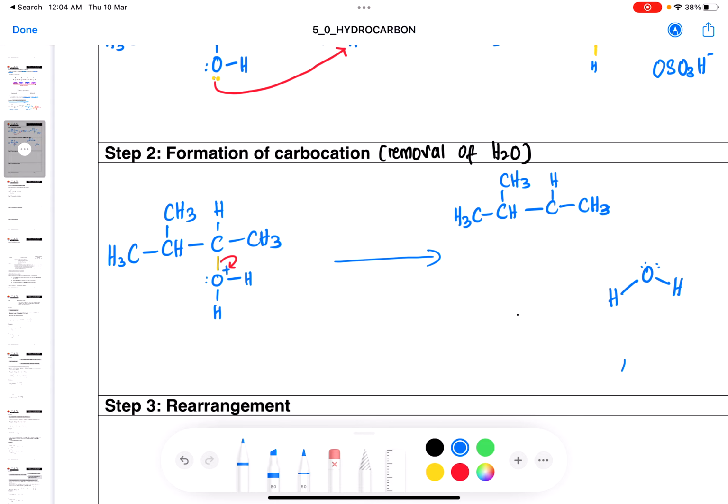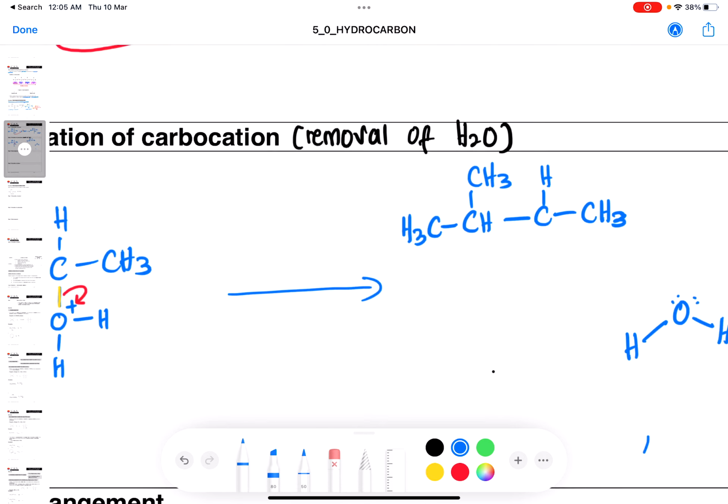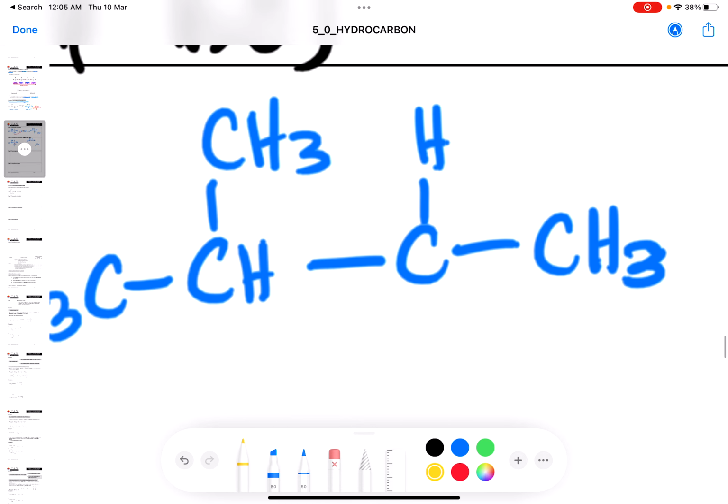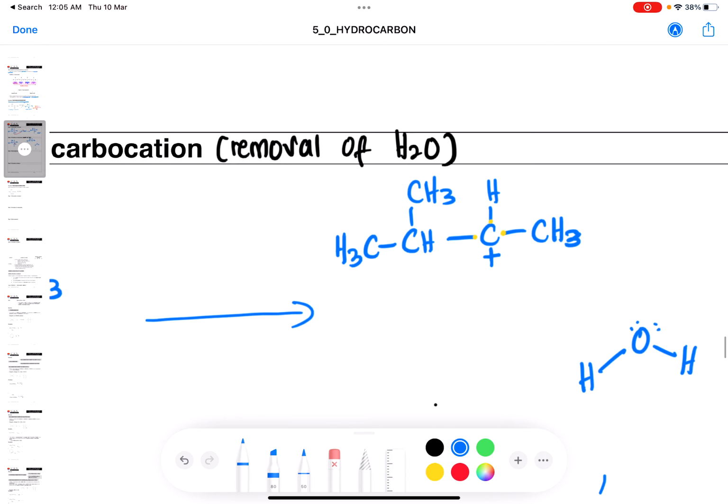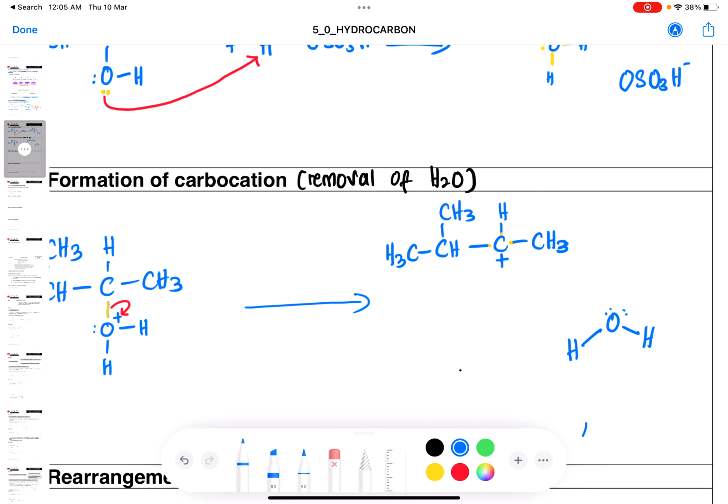There is no longer a bond there. Now, we have 1, 2, 3 electrons surrounding carbon. Carbon has 4 valence electrons, but in this case we only have 3 electrons surrounding it. This makes this carbon become positive. So this is what we call carbocation.